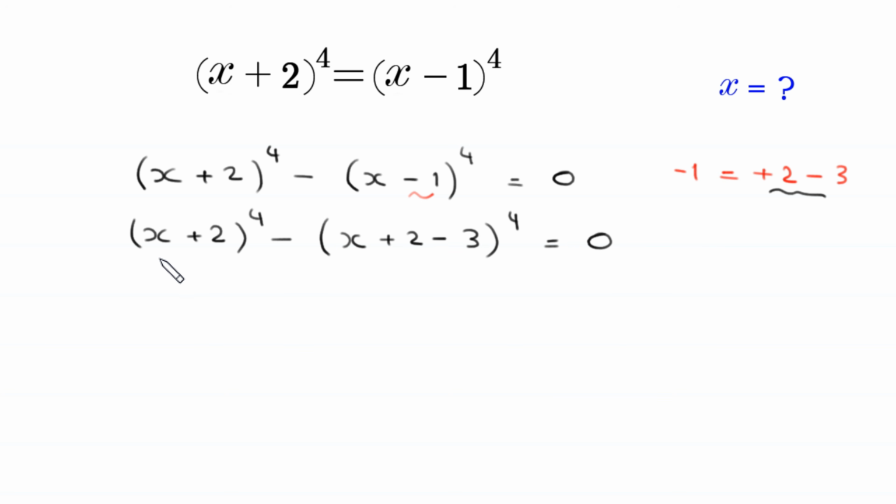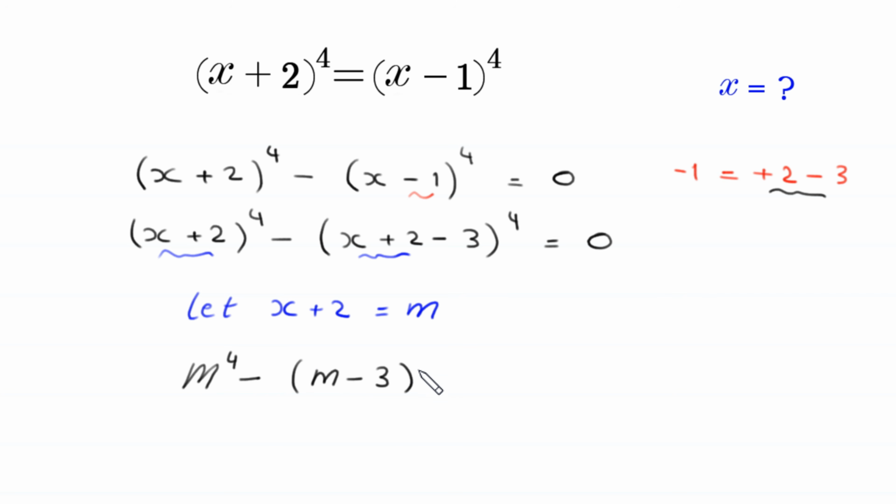Now here we have x plus 2 and here we have x plus 2. So we suppose that let x plus 2 is equal to m, and we substitute m in this equation, then this equation will become m^4 - (m - 3)^4 is equal to 0.